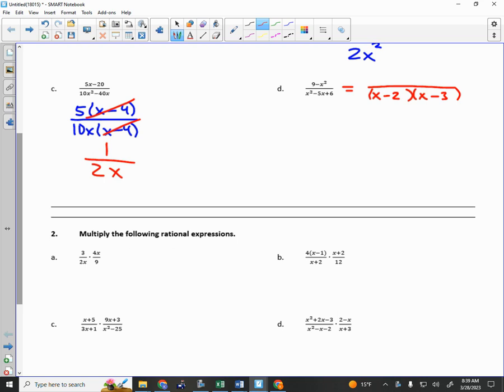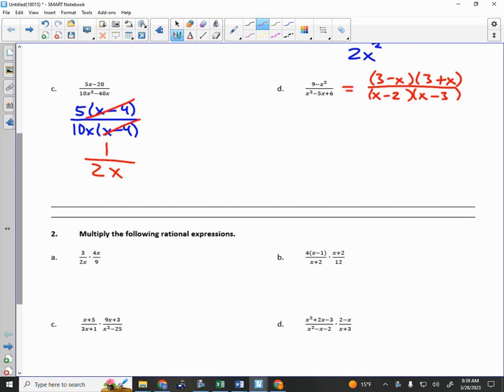In the top, 9 minus x squared, that's going to reduce to a 3 minus x and a 3 plus x. Do you see anything that's the same? I mean, the x minus 3 and the 3 minus x, those are almost the same, aren't they? So this is a trick.